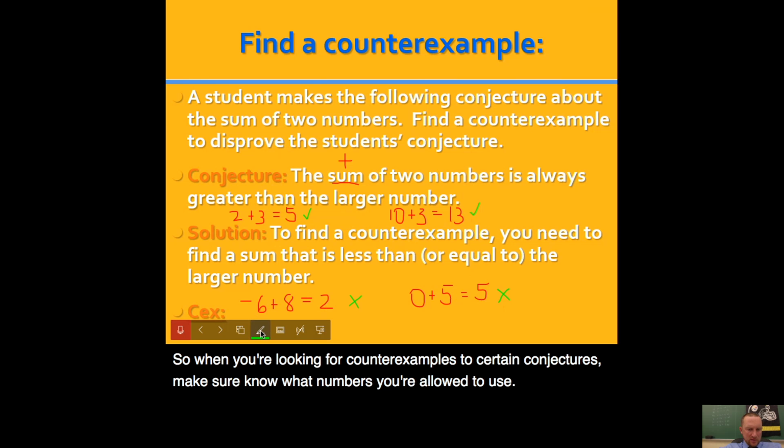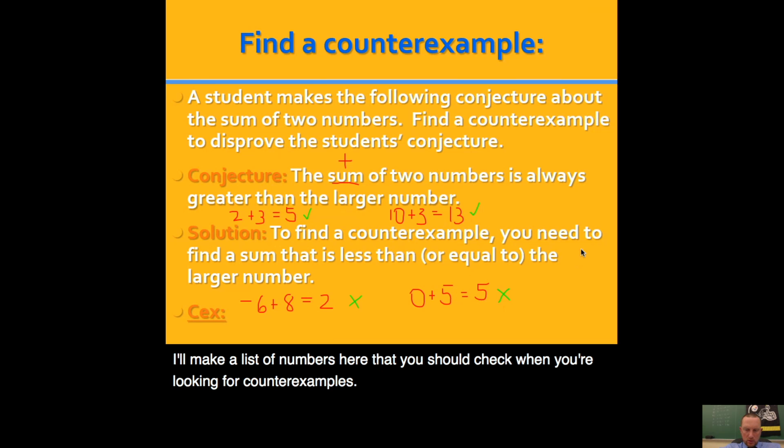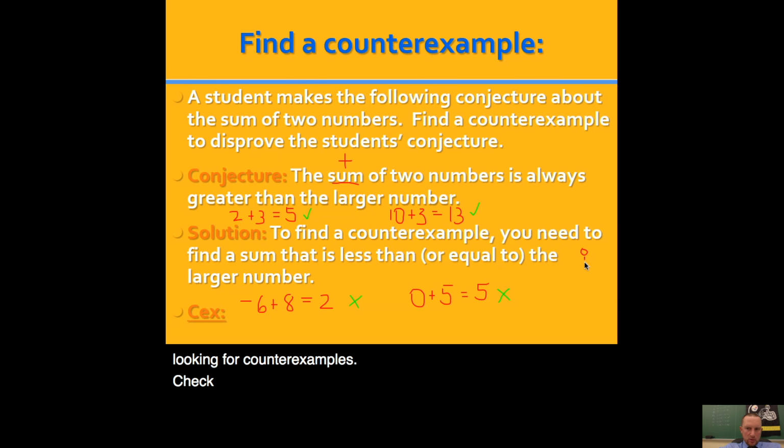I'll make a list of numbers here that you should check when you're looking for counterexamples. Check the number 0, check the number 1, check negative numbers. Check fractions.